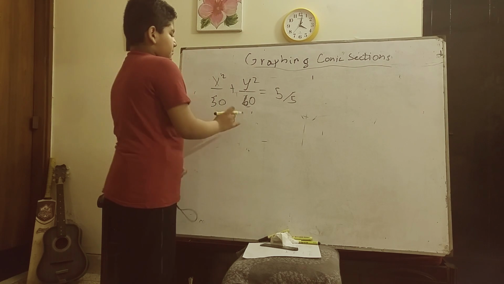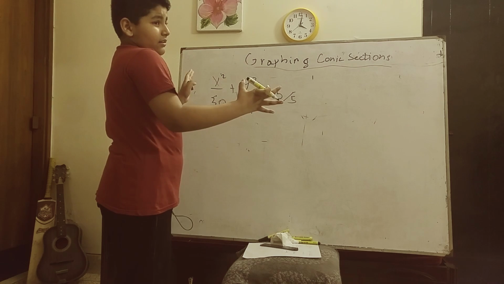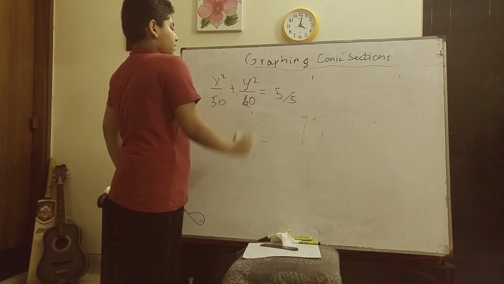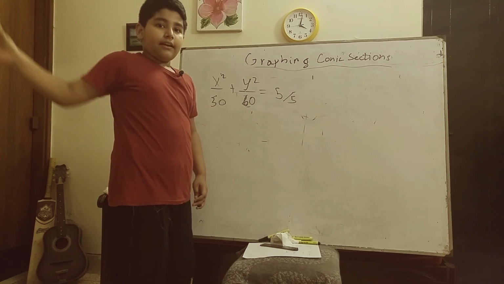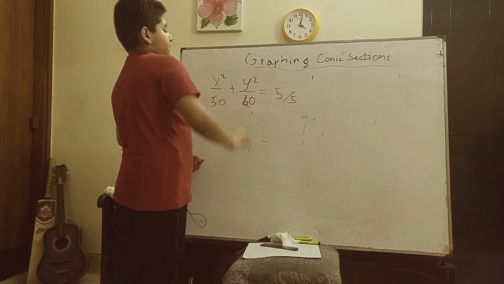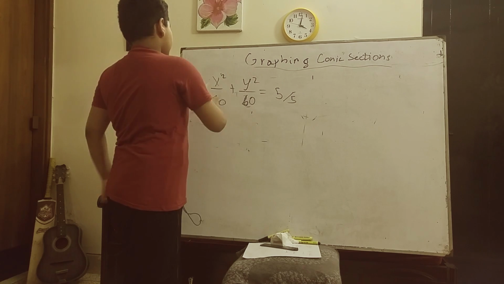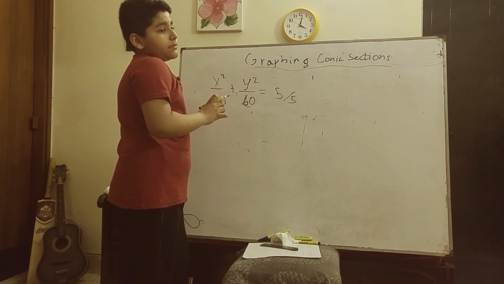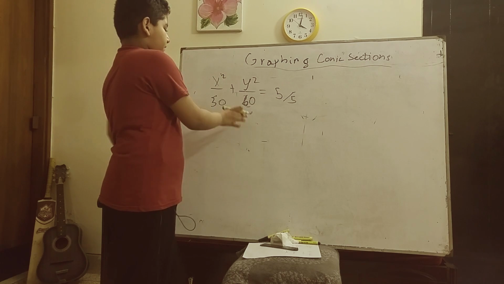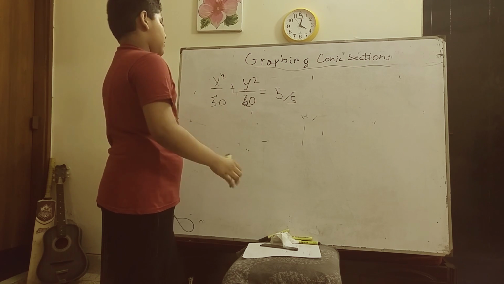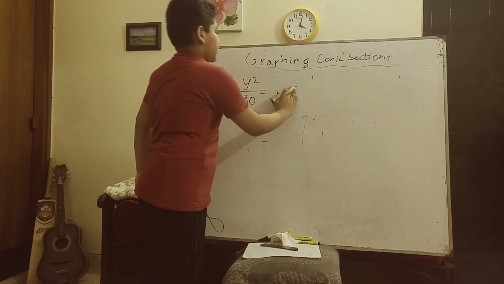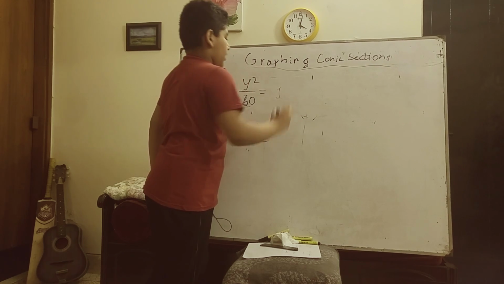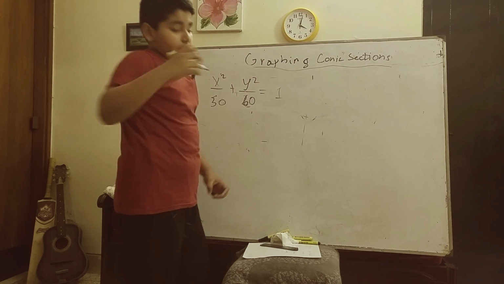Now, you might be thinking the number got bigger, but no, it actually got smaller, because y is being divided by 5: 5 divided by 5. Same goes for x: divided by 10, divided by 5. And we can combine them together. And here it will just be 1, since 5 over 5 equals 1.